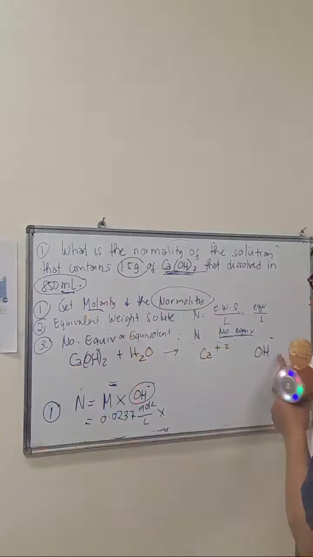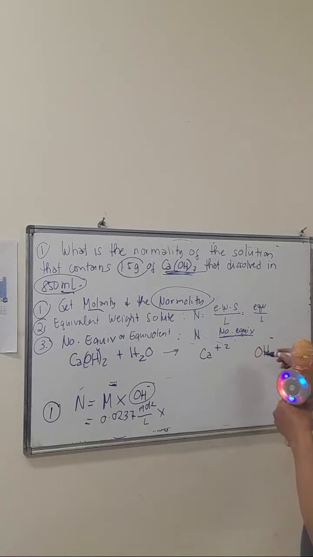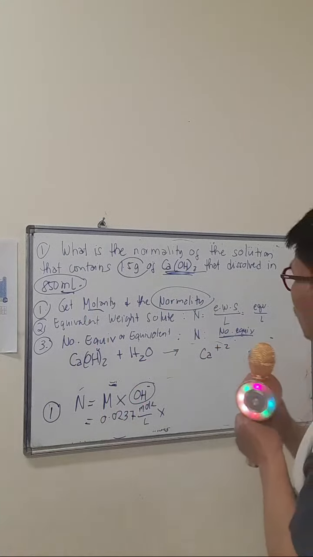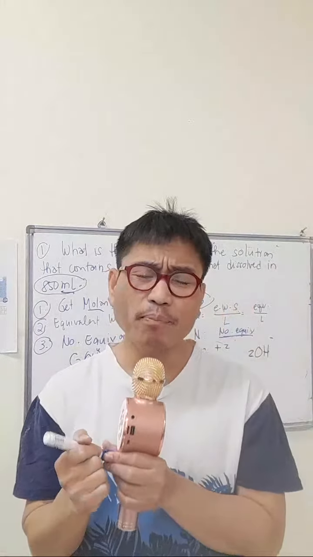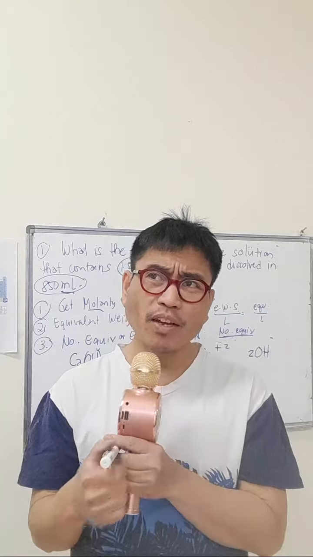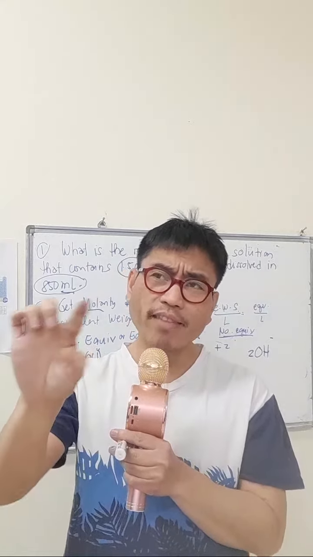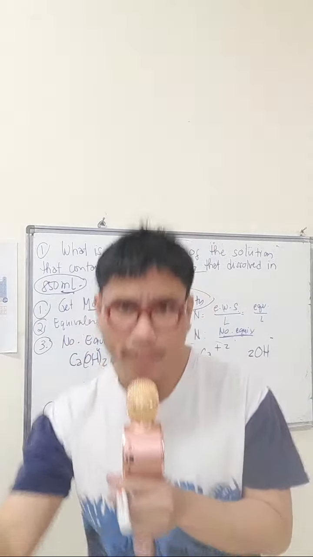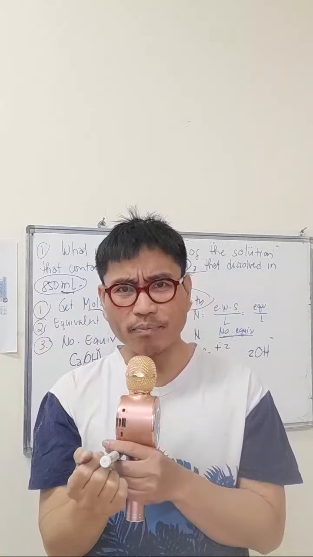So you put the 2 beside the OH. It will become the coefficient, because from the theory, the atom count is the coefficient, or the mole, times the subscript of the individual element.